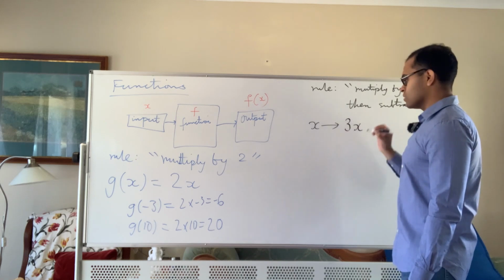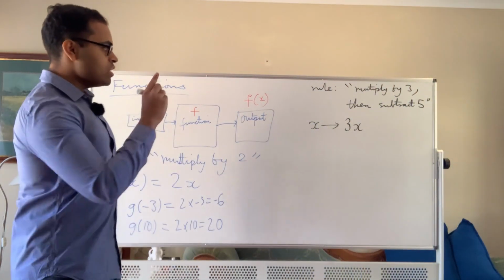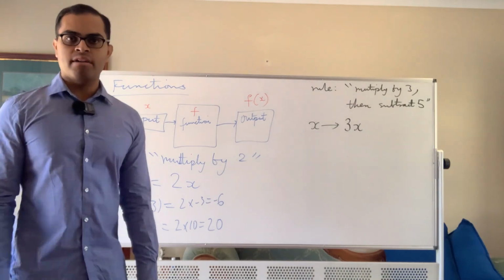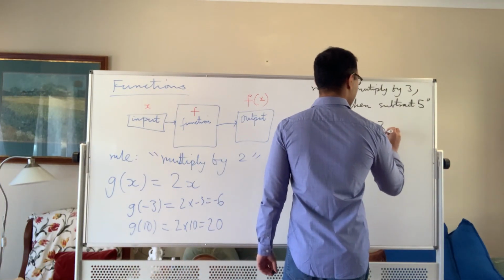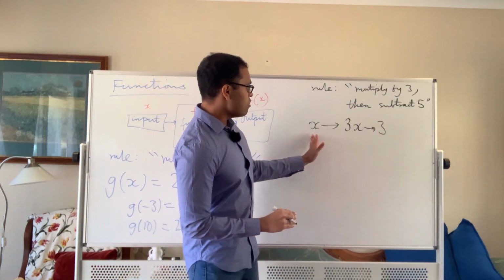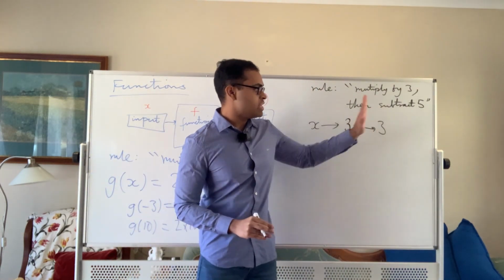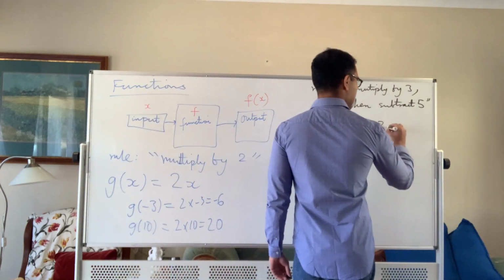You get 3x, right? But then you're doing one more step. You're subtracting 5 from the result. So you go to 3x, then you subtract 5 from 3x, because the first step is multiply by 3, then subtract 5. So it's going to be 3x minus 5.